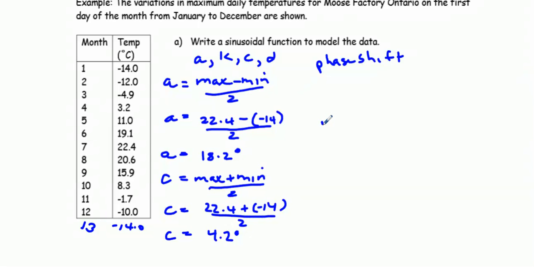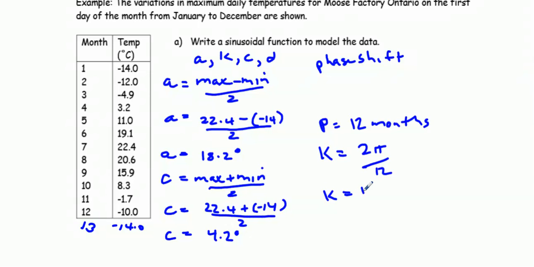So our period here is going from 1, a minimum, to a minimum. So our period is 13 minus 1, which is 12, and this is months. And our K then is going to be equal to 2 pi over 12, which is equal to pi by 6.